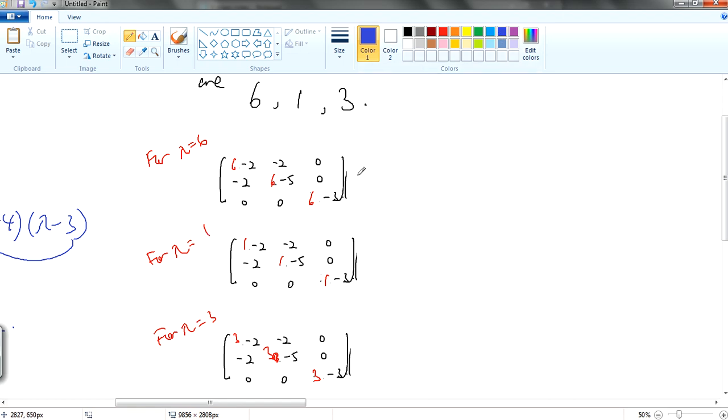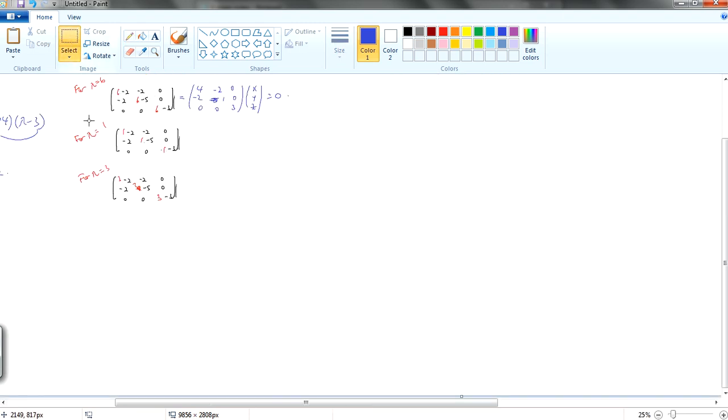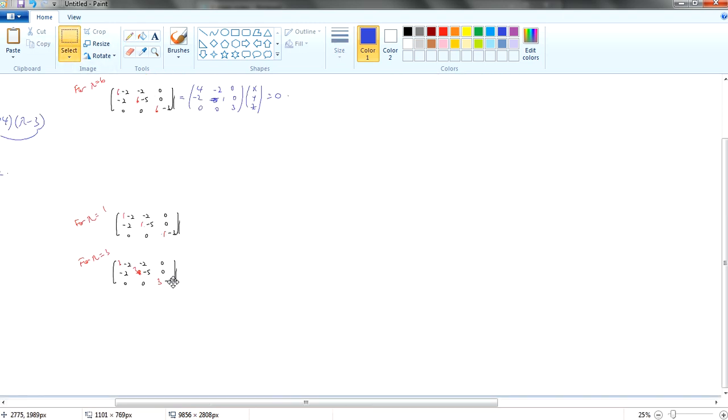So for lambda equals 6, okay, you just do it out of the matrix. You'll get 6 minus 2, 4, minus 2, 0, minus 2, minus 1, 1, 0, 0, 0, and then 3, and then we have x, y, z equals 0. Okay, so this is what it is. Let's pull this thing down so we have more space to write at the bottom.